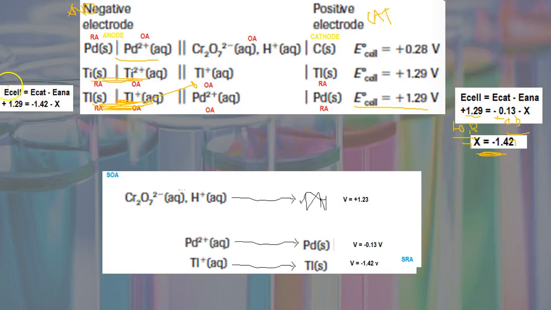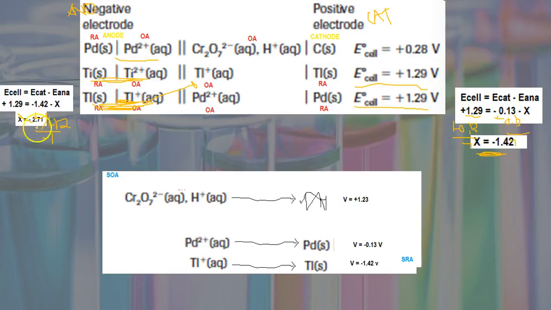I know that the total electrical potential of the cell is 1.29 based off of the information given to me. I know the electrical potential of the cathode now because it has switched sides. It is negative 1.42 based off of the last question. And I'm just trying to solve for x. So I would add 1.42 again to either side, same thing here, and then divide by -1.